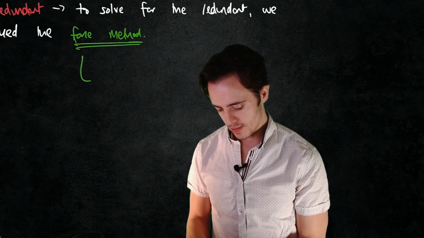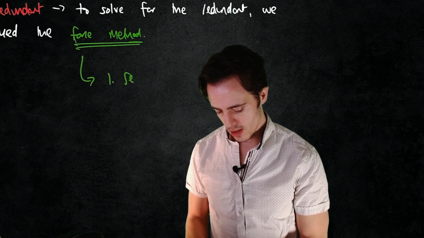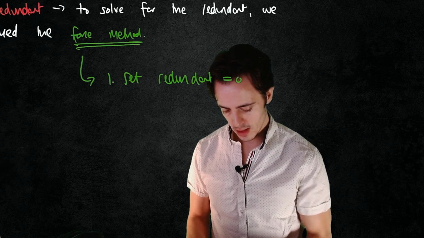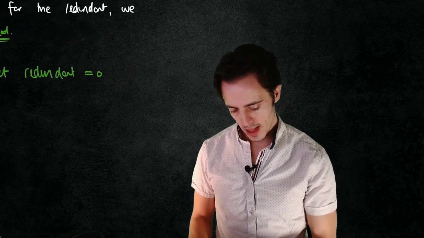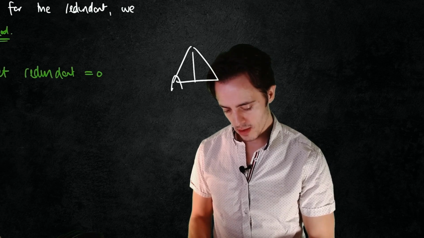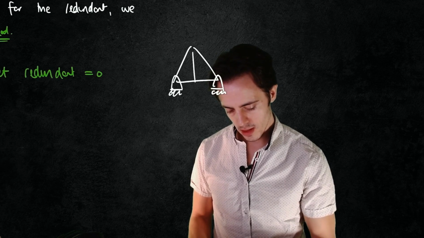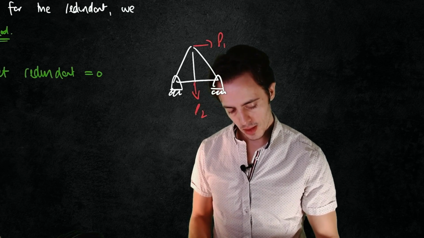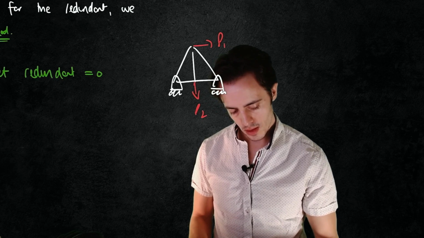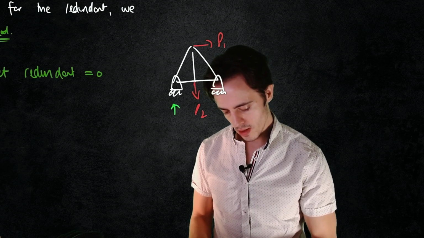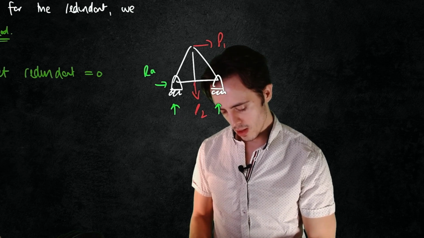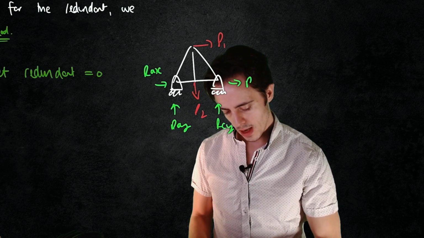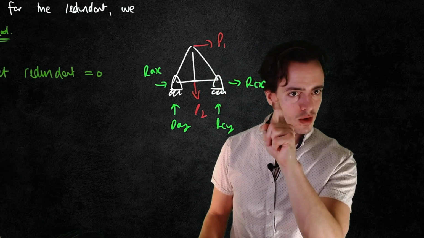So let's write this down. 1. Set redundant equal to 0. Okay, so in that case where we set our redundant equal to 0, going back to this problem, P1 and P2, we've got RAX defined, RAY, RCY, and RCX is still here, but we've set this one equal to 0 now.